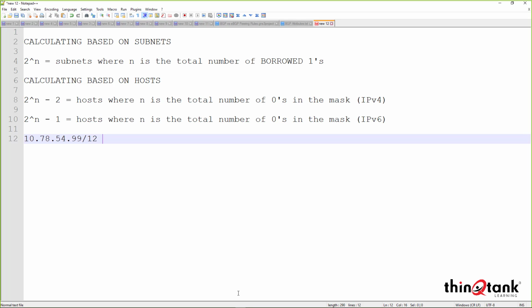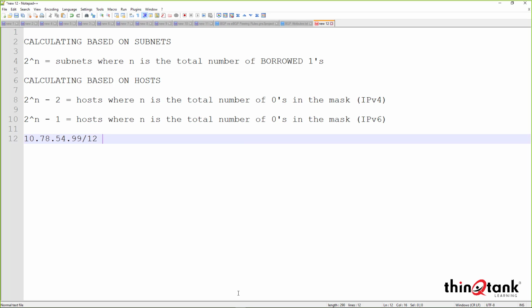I know 64 is divisible by 16. 64 plus 16 is 80, right? So the network ID is 64. Well, it can't be 64, can it? It has to be lower, doesn't it? So it would be 48, wouldn't it? 48 is divisible by 16.